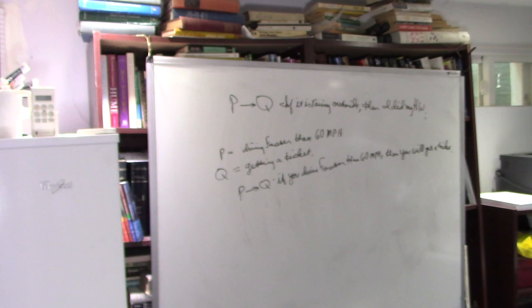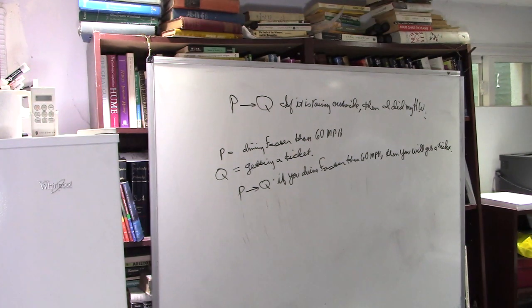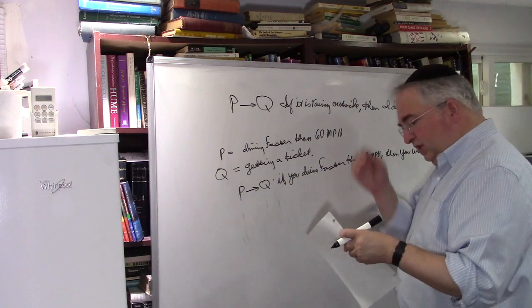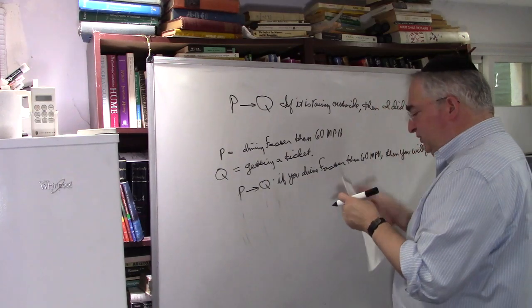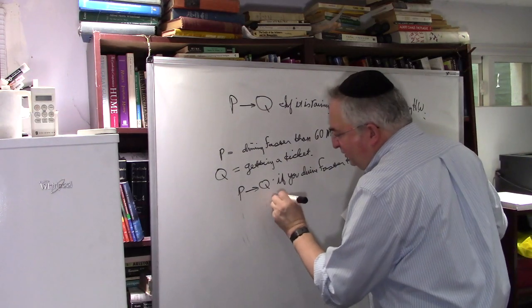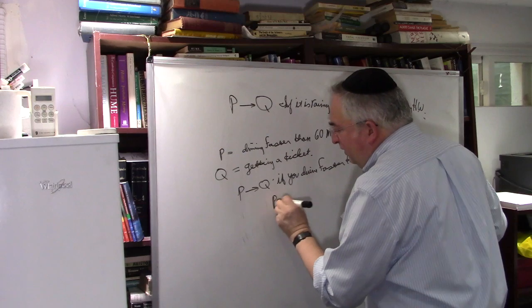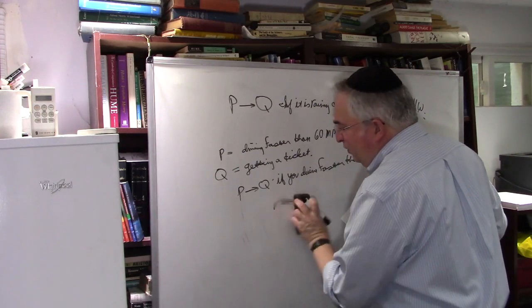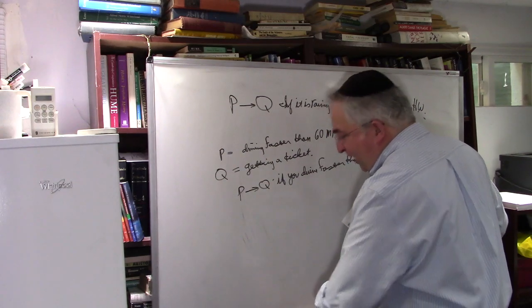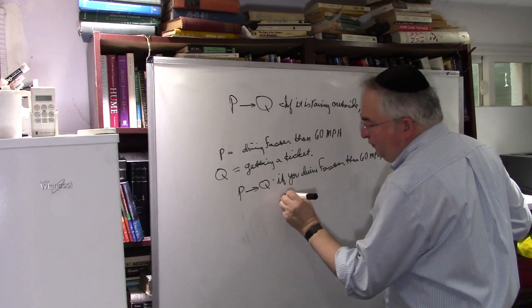I want to write them. The book goes crazy about all the ways you can write this arrow. It's complicated, so let's do it. Let's write this arrow and say it in English in different ways.